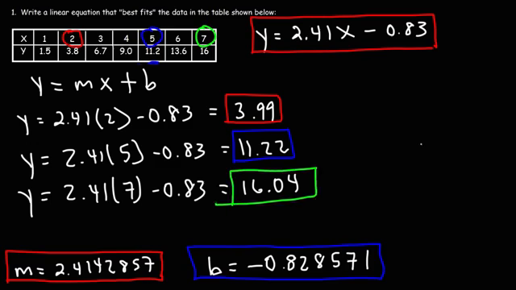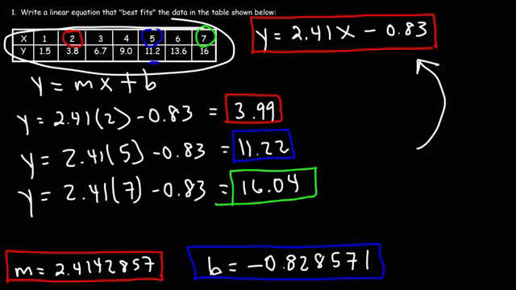So thus we could see that this linear equation fits the observed data very well. So now you know how to use the least squares method when performing linear regression. That is when you need to write a linear equation that best fits the observed data of some type of experiment or something.